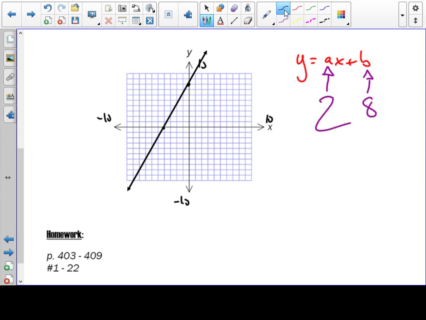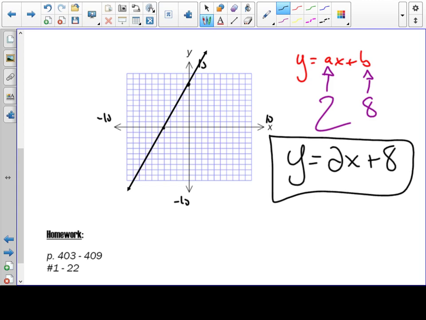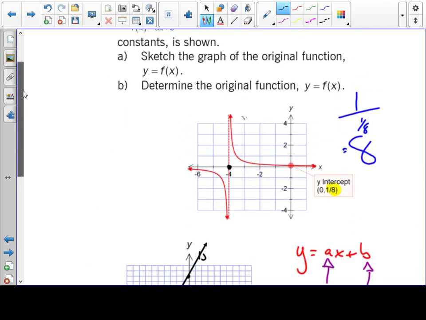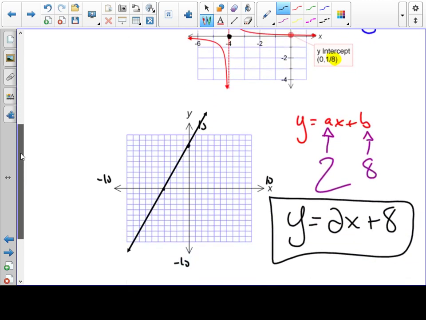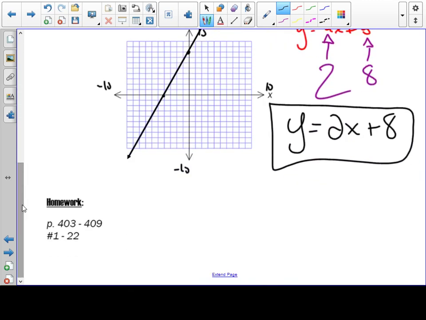So our equation, the original function, is going to be y equals 2x plus 8. And what we saw up here in red is the reciprocal of that equation. So that's the original function right there: y equals 2x plus 8.